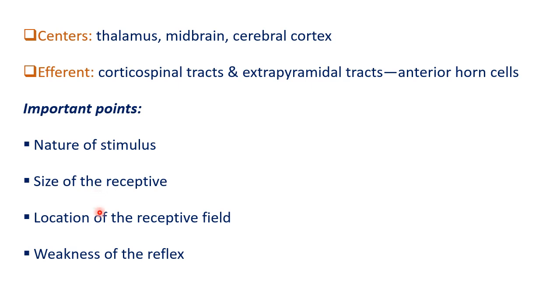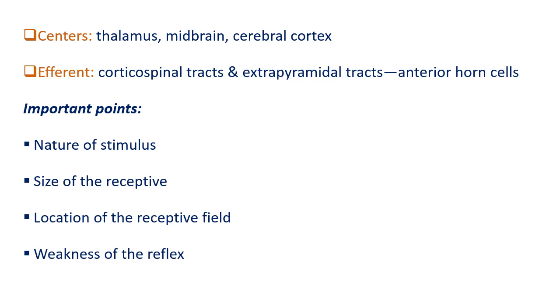Thirdly, the location of the receptive field. In many cases, the same response may be elicited by stimulation of different areas, so the location of the receptive field is also important. Then lastly, weakness of the reflexes. Very often repeated stimulation is required before we get the required response. In general, these reflexes respond slowly, their latent period is long, and they fatigue very easily.